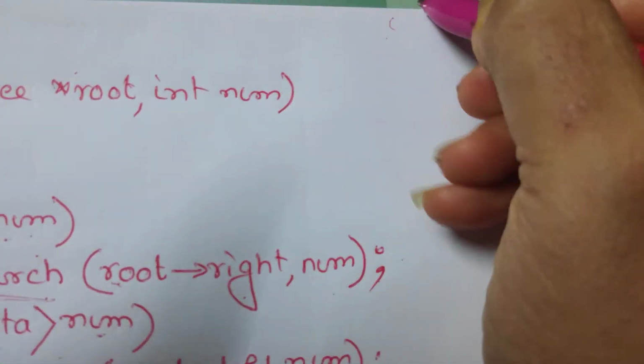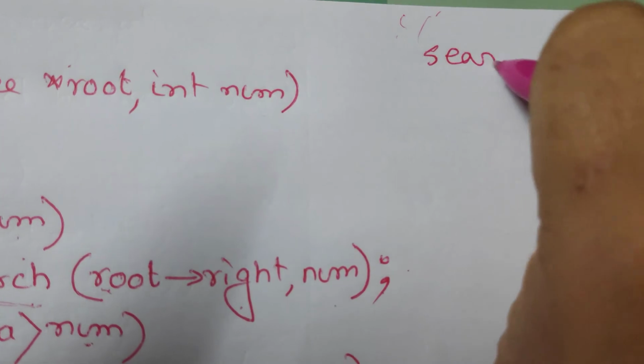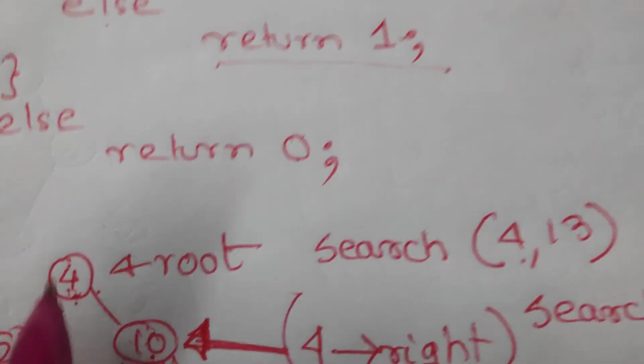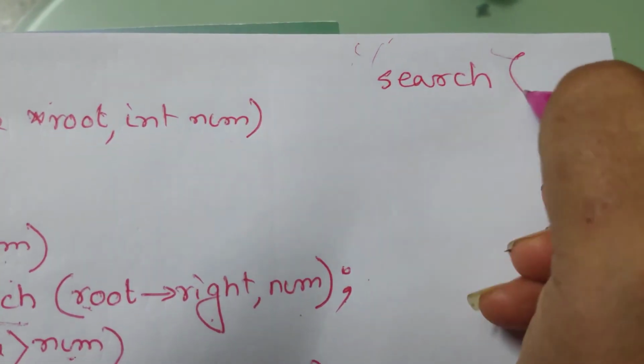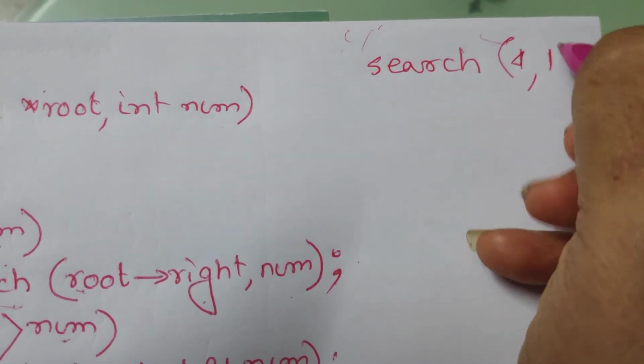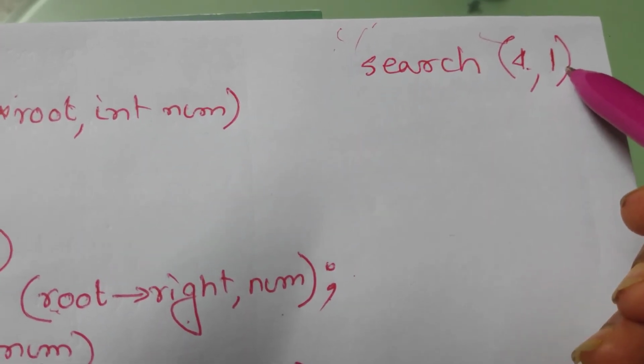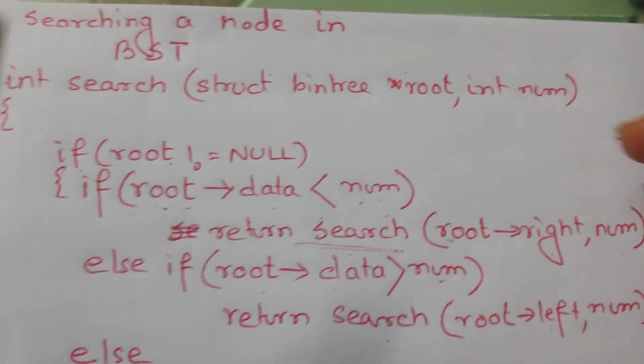So we will be calling search with root. What is the root value or root node? 4. So we will be calling the search function using 4, 1. 4 is the root of the tree and 1 is the number that we are trying to find out.